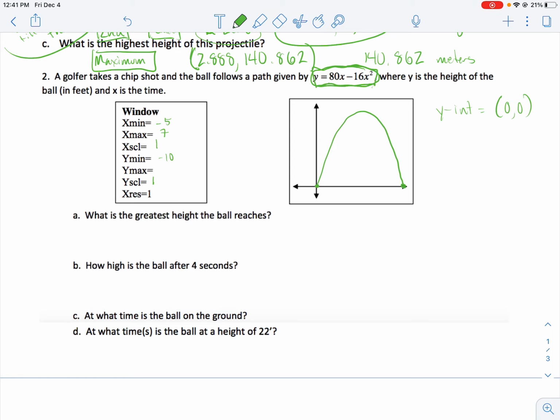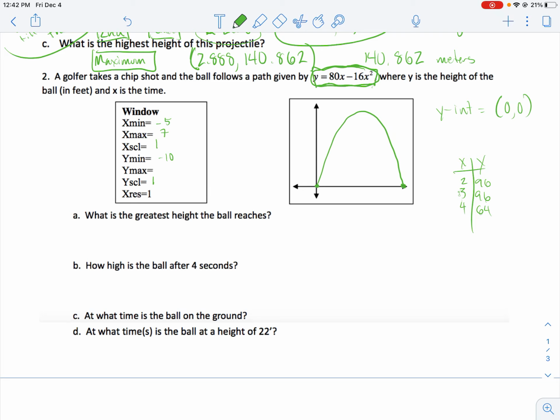All right, and then my y max, okay, if you look in your table of values, you'll see that the largest we see is between 3 and 4. I'm sorry, 2 and 3. And we're at 96, 96, and then it looks like at 4, we start to go back down.